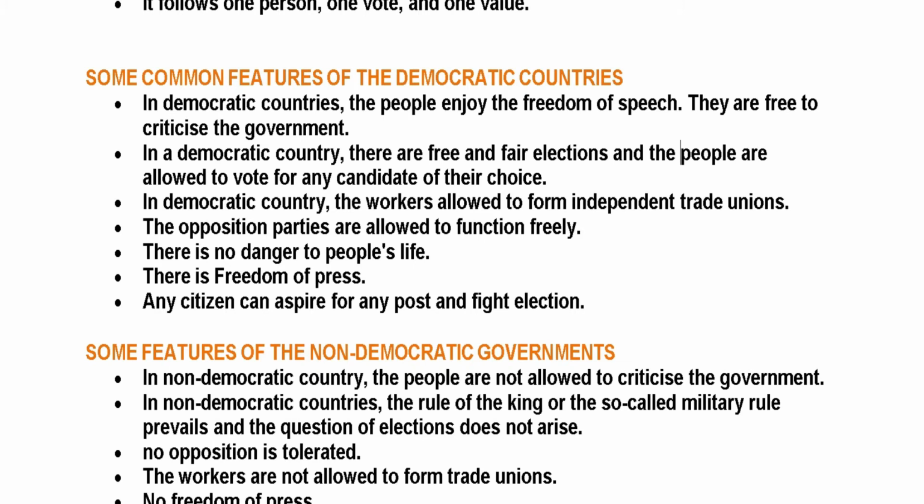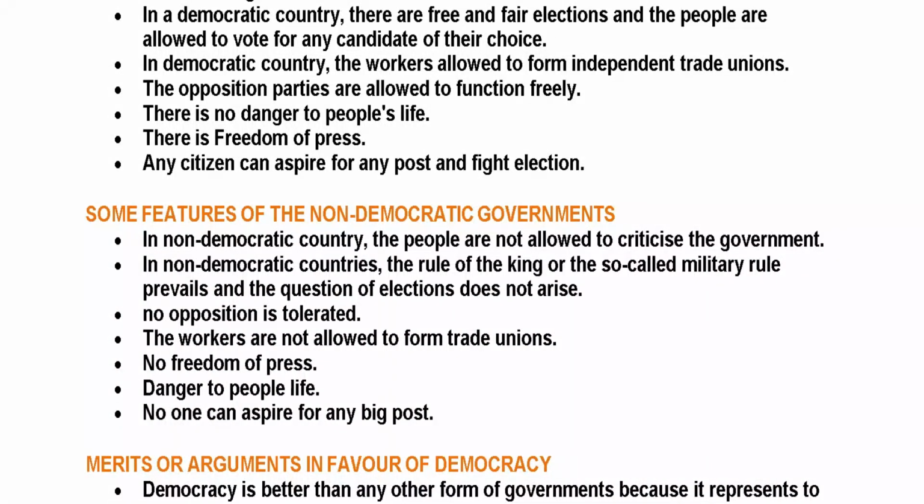The workers are allowed to form independent trade unions. The opposition parties are allowed to function freely. There is no danger to people's life. There is freedom of press. Any citizen can aspire for any post and fight election.